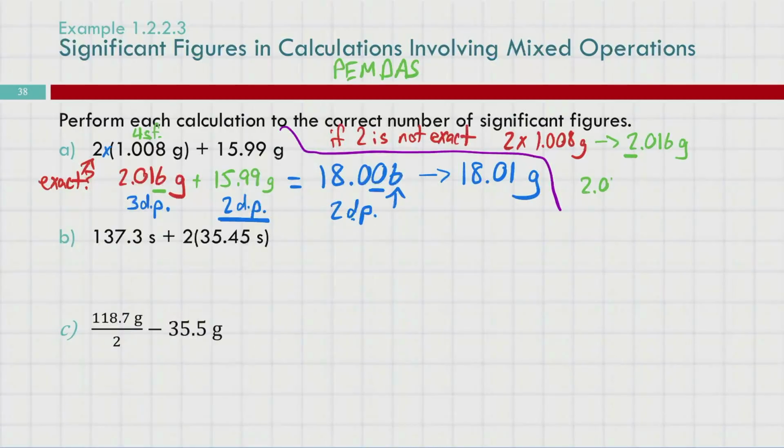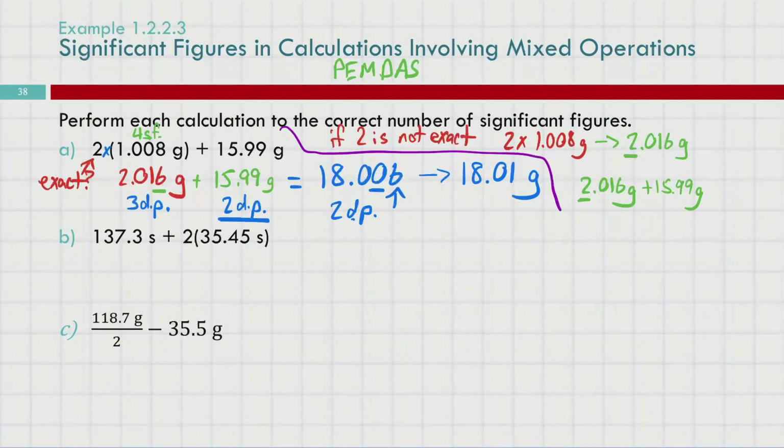Then we do the 2.016 grams plus 15.99 grams. How many decimal places? How many significant decimal places do we have in 2.016 now? 3. It's not 3.